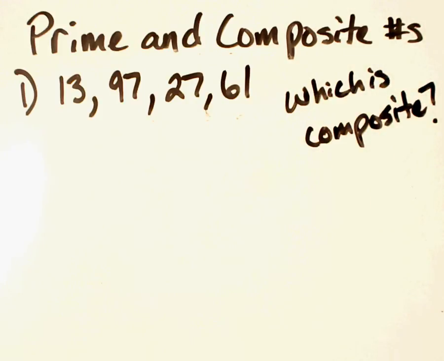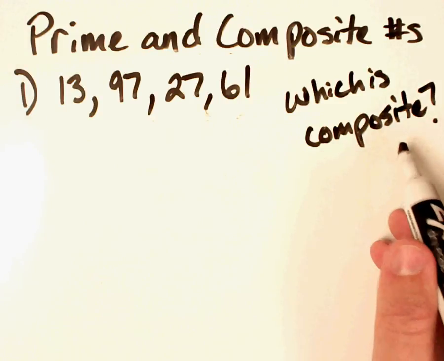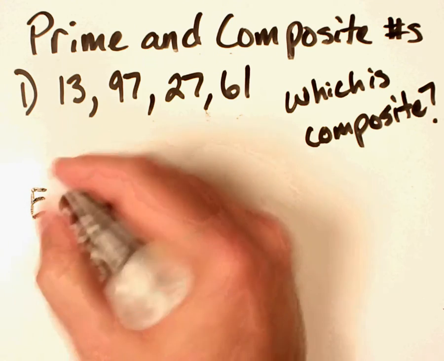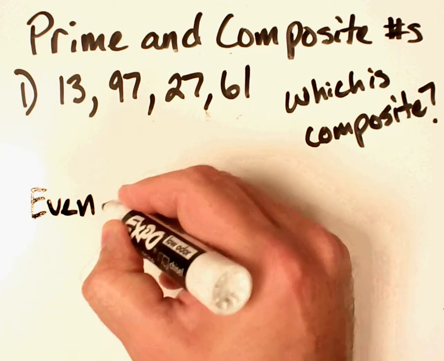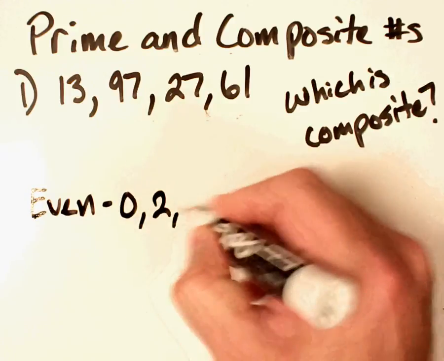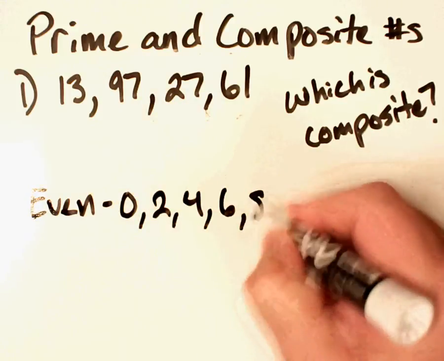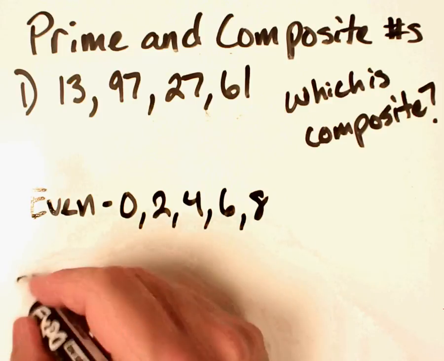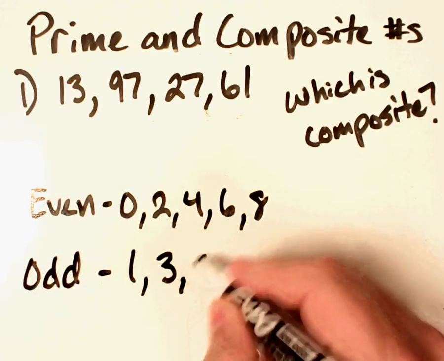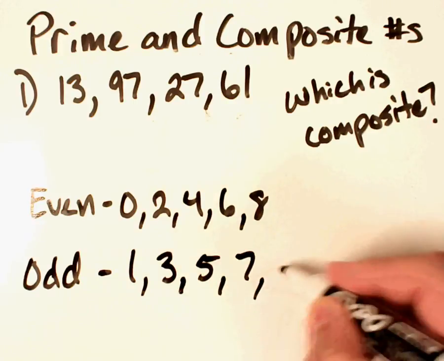Now, one of the first things that we want to do when we're trying to find out if a number is prime or composite is we want to see if the number is even or odd. Remember, an even number is any number that ends in 0, 2, 4, 6, or 8. And then an odd number, if you'll remember, is any number that ends in 1, 3, 5, 7, or 9.